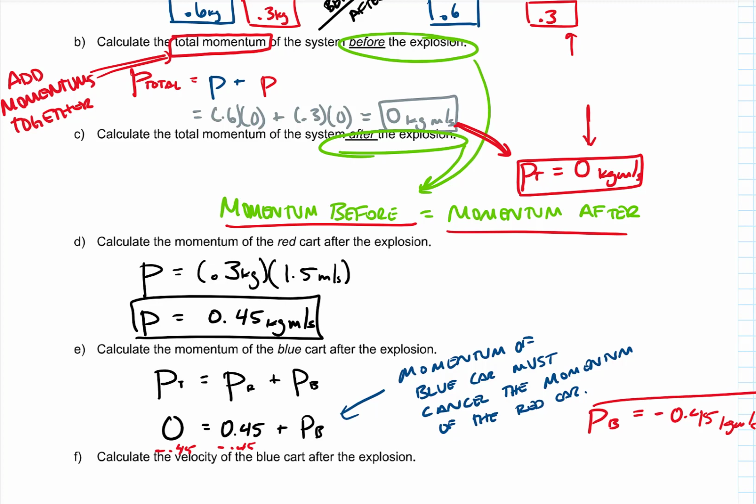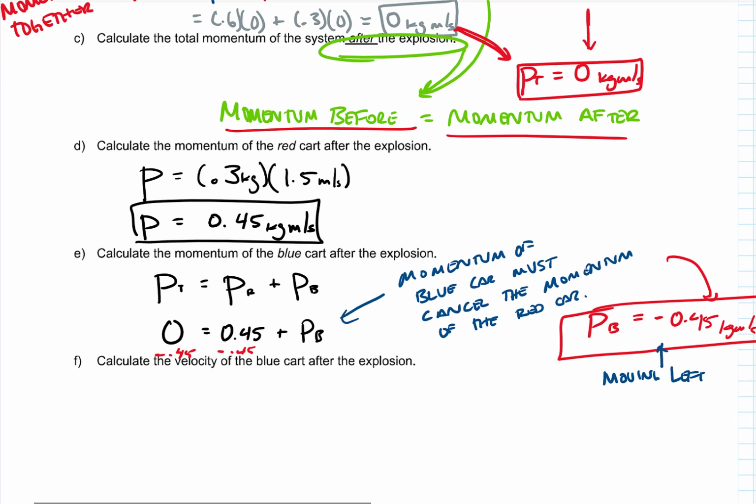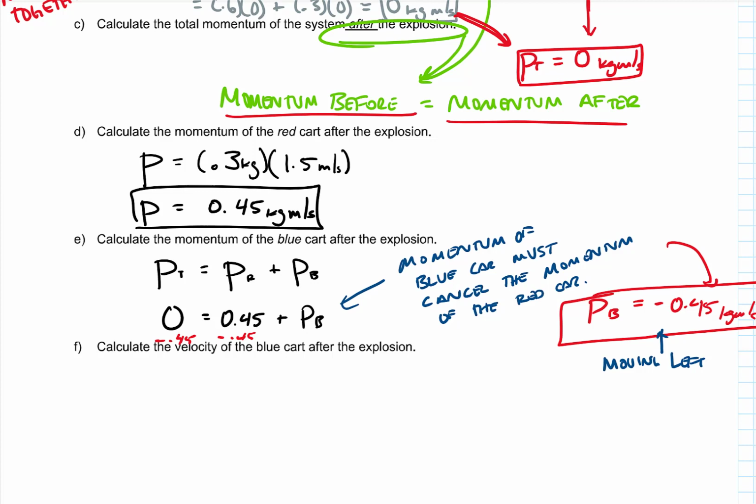When that happens, we're going to have negative momentum. That's how it cancels out. Well, negative momentum means we are moving to the left. So if I want the velocity of the blue car after the explosion, I know that the momentum of the blue car is mass of the blue car times the velocity of the blue car.